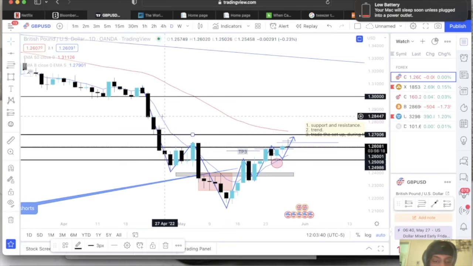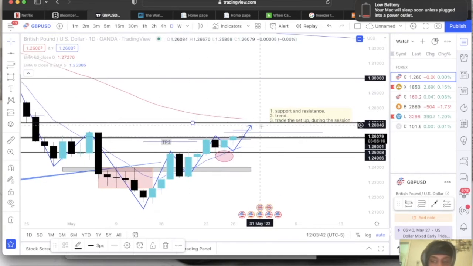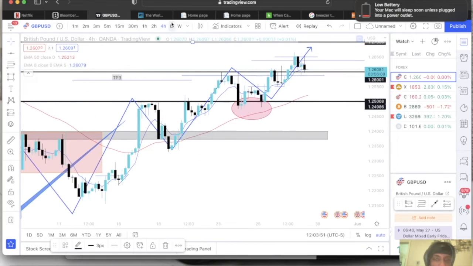Perfect rejection of that level. That would be my next TP level, take profit level, and I was looking for price to hold support here.